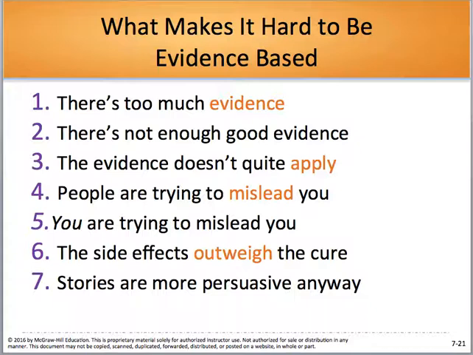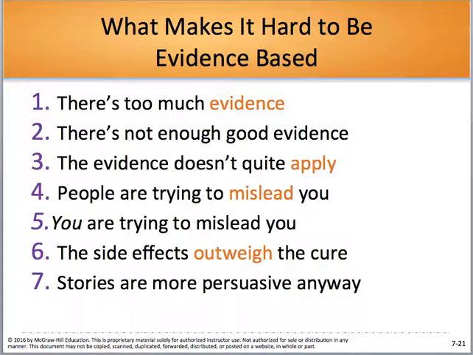So what makes it difficult to do this? Usually what can be a big problem is that there's too much evidence. You just have way too much. Or there's not enough good evidence. Or the evidence doesn't quite apply to what you're trying to do. A fourth thing could be that people are trying to mislead you, and that happens. People will try to sabotage you, people that don't like change, people that don't like you, right?